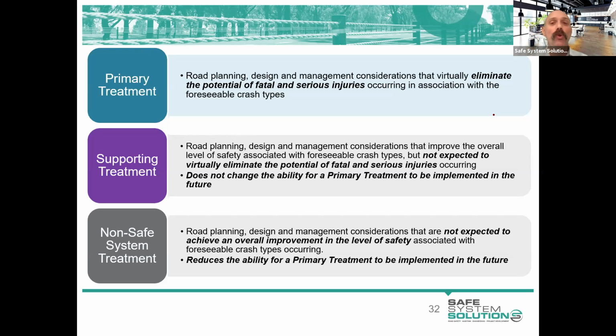You could have multiple primary treatments, because primary treatments are anything in the road planning, design, management considerations that virtually eliminate the potential for fatal and serious injury for that crash category, for that column that you're worried about or you're analysing, for that foreseeable crash. And you can have multiple primary treatments for a crash type.